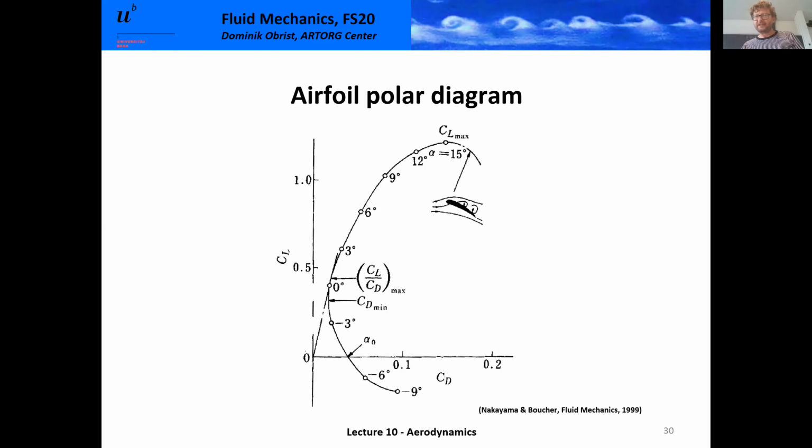So cruise speed for commercial airliners usually is related to this point, or for non-powered airplanes like gliders, you will have this lift over drag optimal condition if you want to get as far as possible with as little drag. So this all a little bit summarizes what we can say here about this airfoil theory.